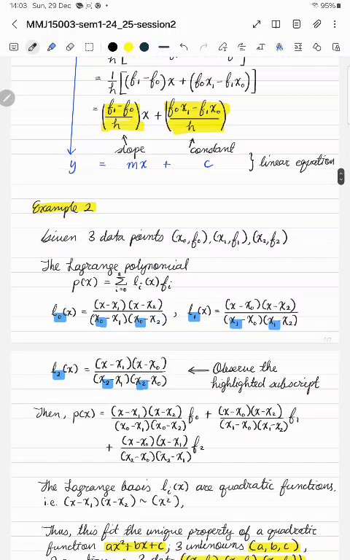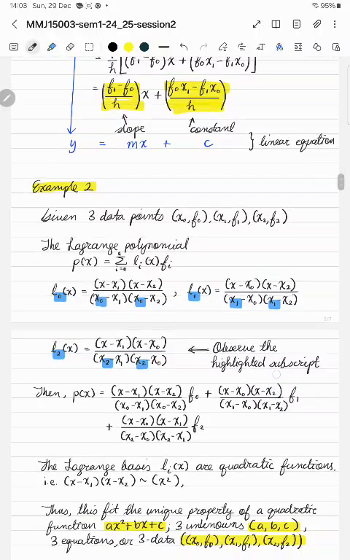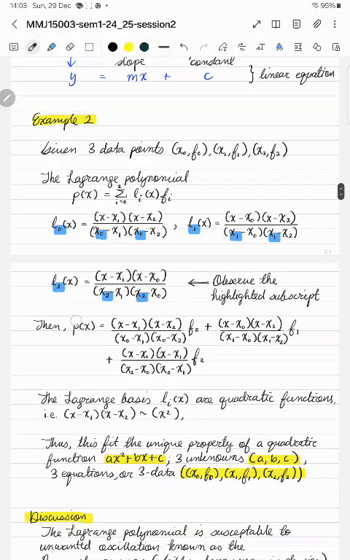Now in the case of 3 data points. Again, if you expand the basis, you calculate the basis using the basis formula. Again, observe no same subtraction at the numerator, to avoid division by 0, and then you end up with the whole Lagrange polynomial as in here.